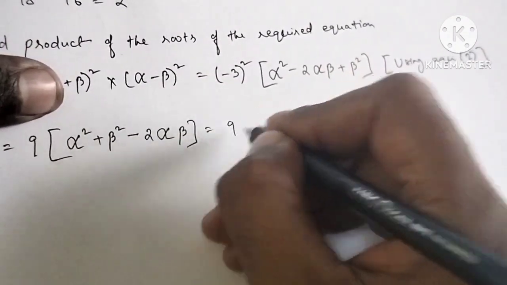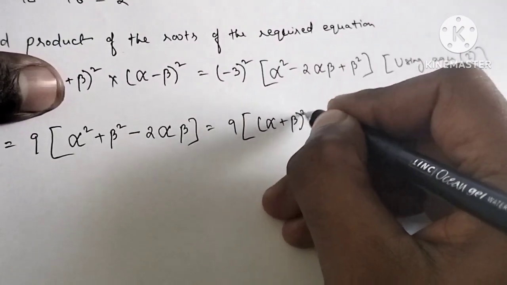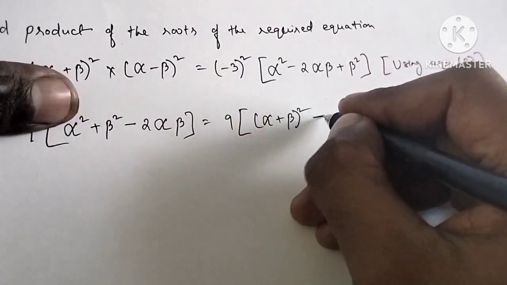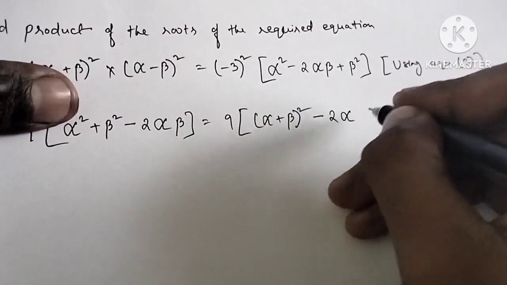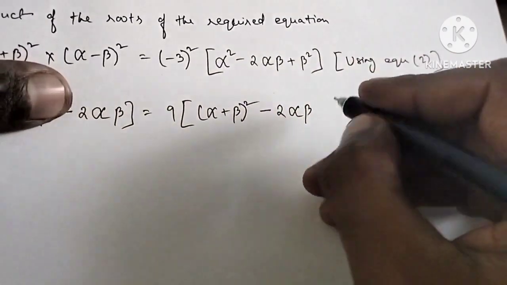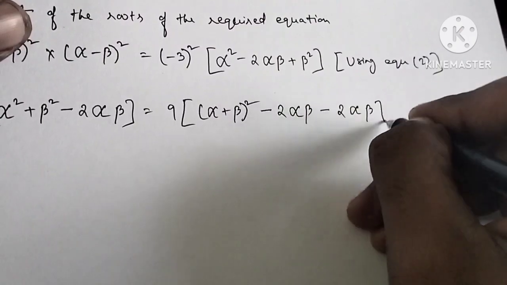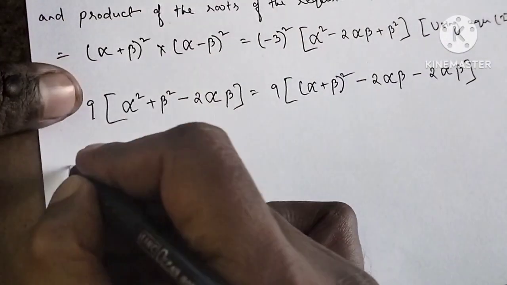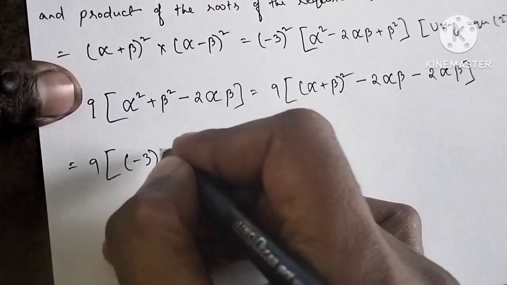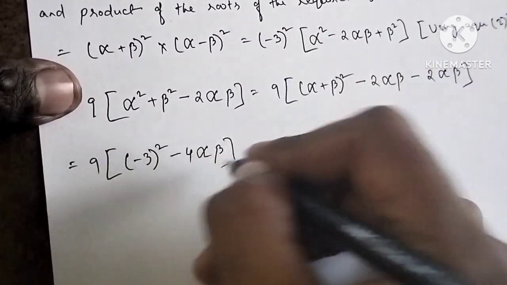So this we can write as (alpha plus beta) whole square minus 2 alpha beta, and the minus 2 alpha beta was already there. So this will be 9 into (minus 3) whole square minus 4 alpha beta.